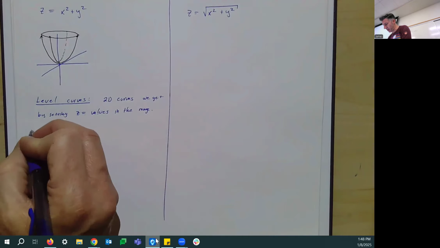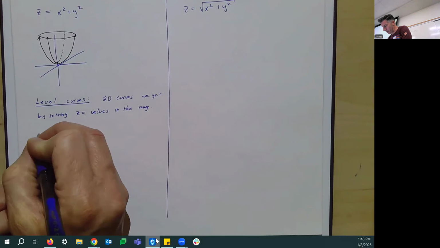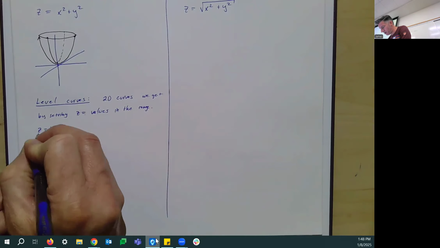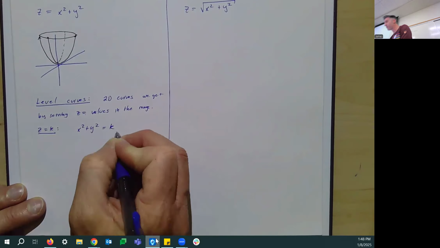But usually we do this change of letters, which I find annoying, but it's what people do. Instead of saying z equal to x squared plus y squared, we let z equal k, because k is a constant and z is the variable. Then for z equal to k, we have x squared plus y squared equal to k.